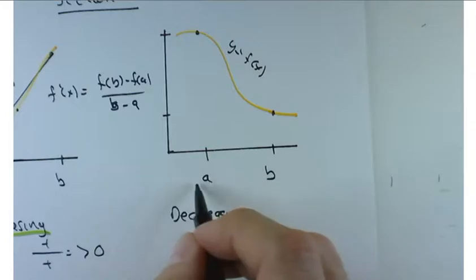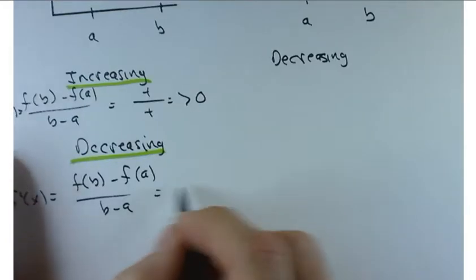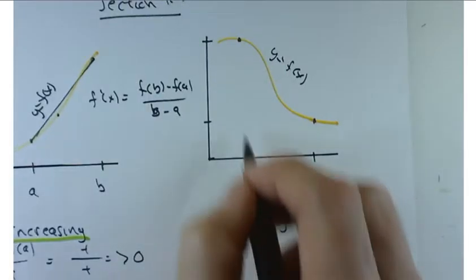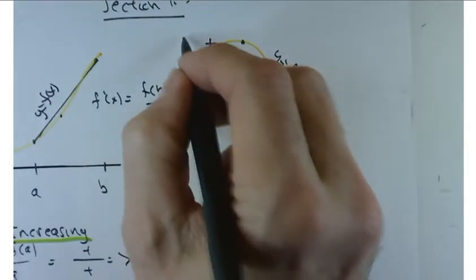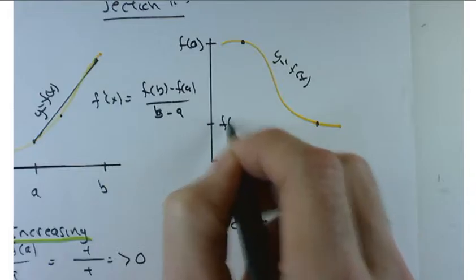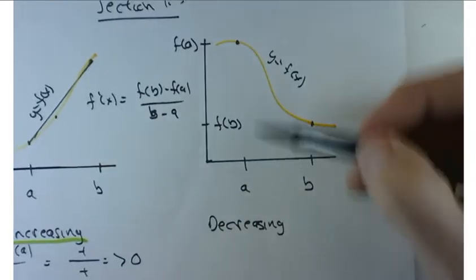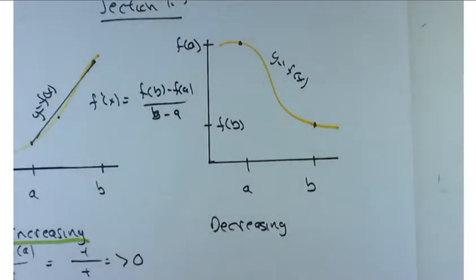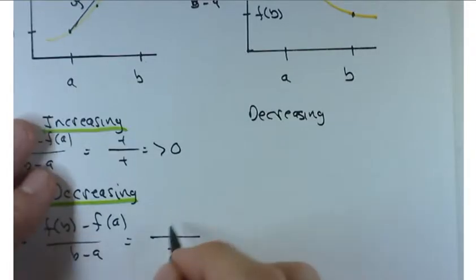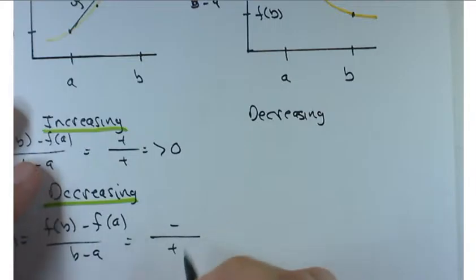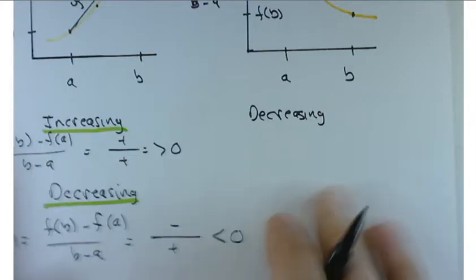B minus a is still positive. But for a decreasing function, here's f of a, here's f of b. What's f of b minus f of a going to look like? It's going to be negative. And overall, a negative divided by a positive is negative.